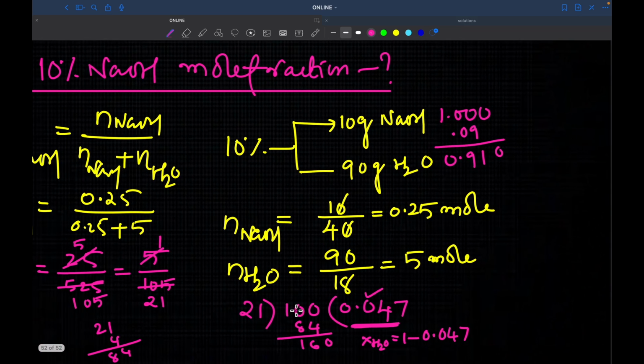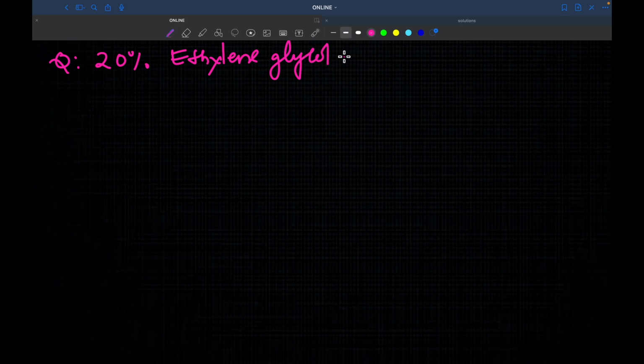Okay, so we'll take one more question. 20% ethylene glycol. What is the mole fraction of ethylene glycol? The formula has two CH2 groups: ethane-1,2-diol is ethylene glycol.